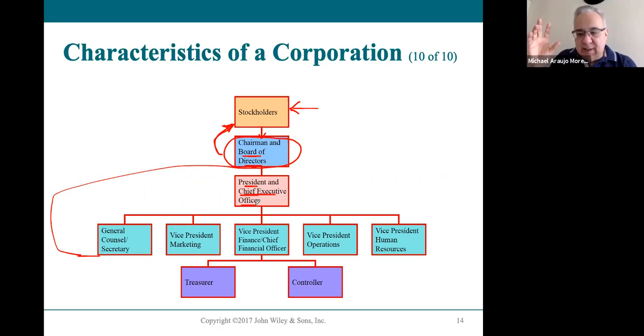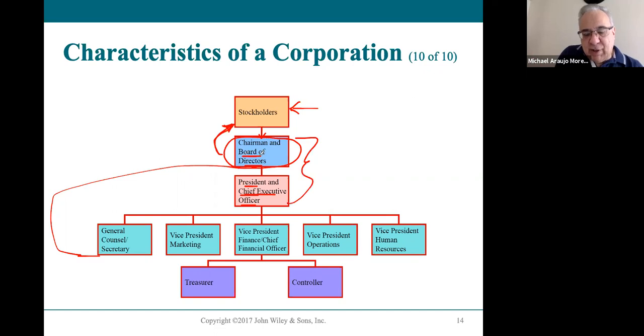It used to be something like 100 times difference, and now it's well over 1,000, 10,000 times difference. It's a huge, huge gap in terms of what the CEO of a large corporation makes compared to its employees, average on the bottom. And there are a lot of people who say this is unfair, et cetera. Well, the problem is this relationship right here.